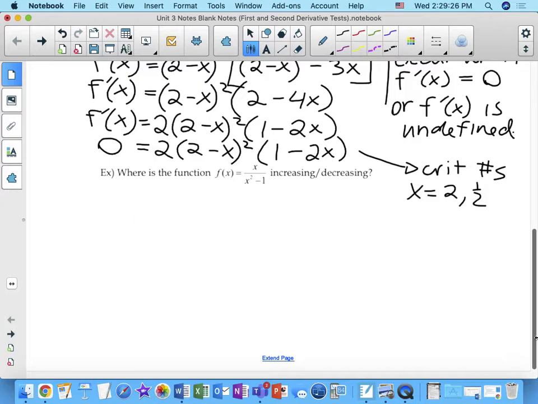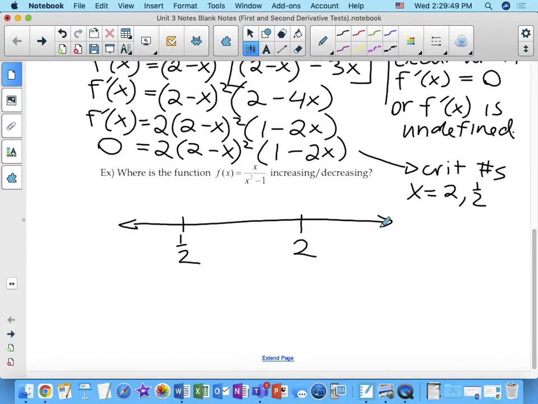So the 3 sections are here. One section is from negative infinity to a half. The other section is from a half to 2. And the third section is from 2 to infinity.